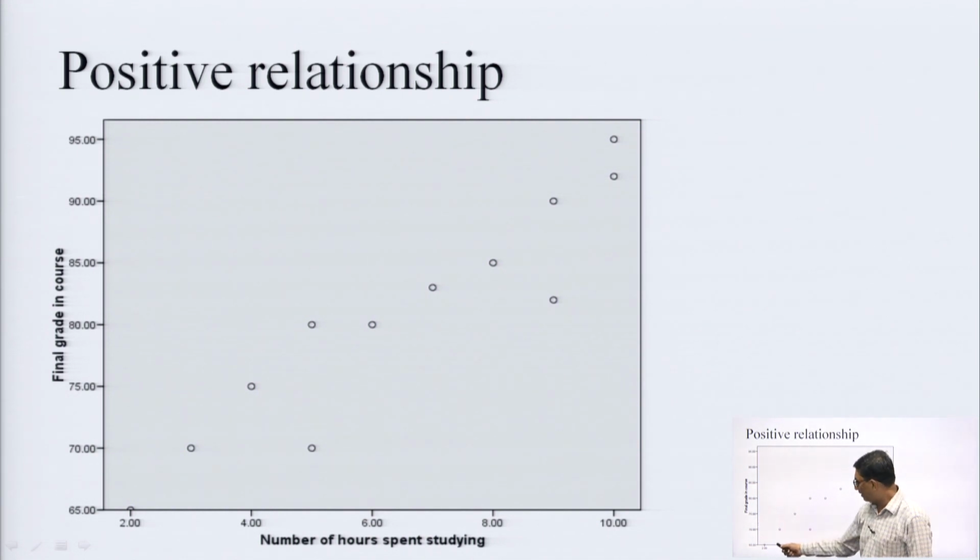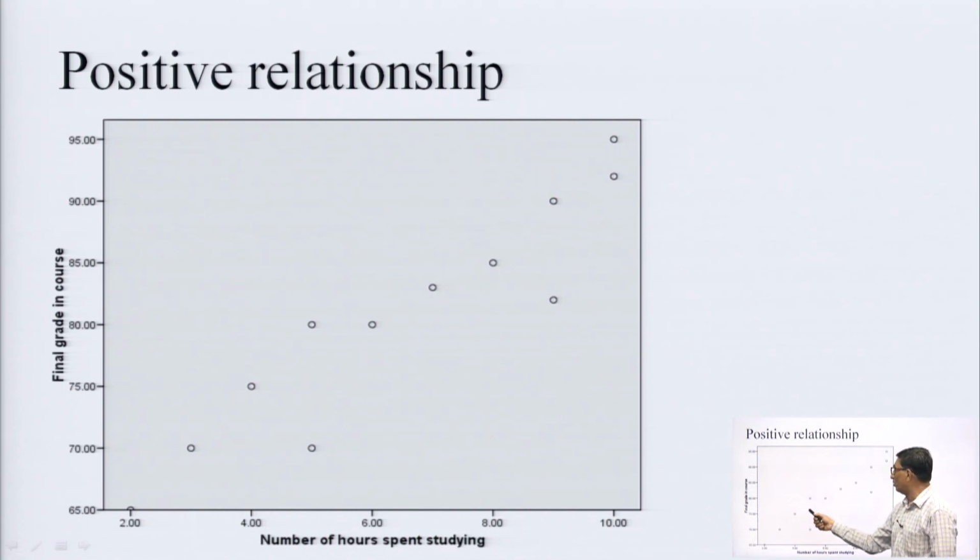We see here the student who spent approximately 3 hours per day studying got a 70% grade. And for suppose 4.8 hours, it is also 70%.